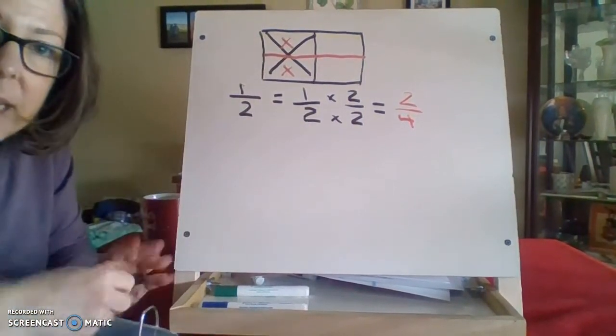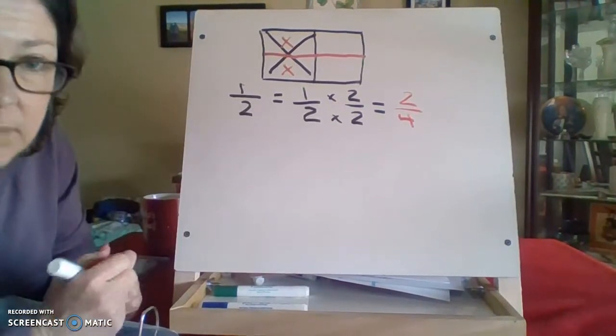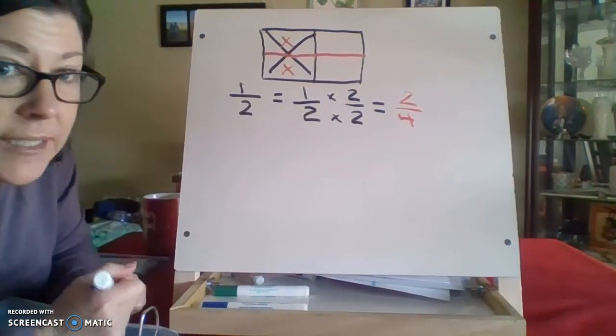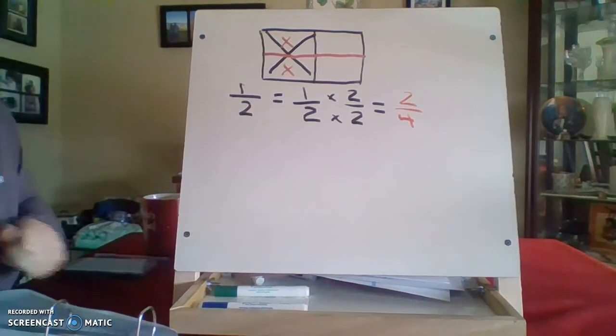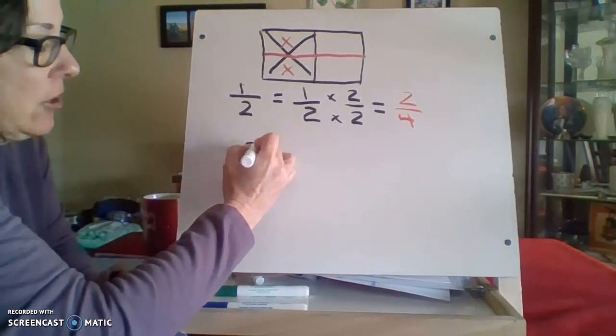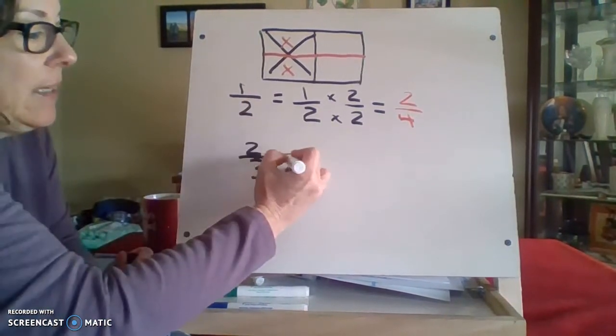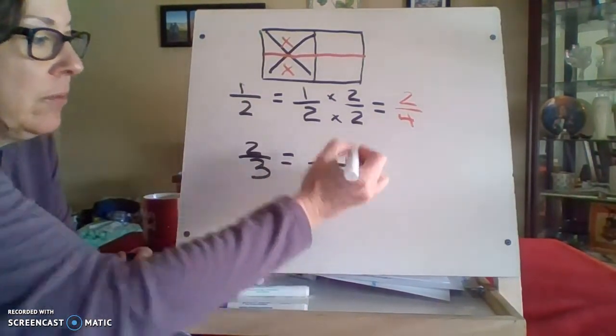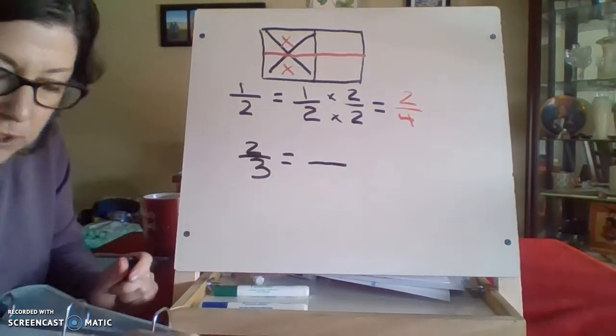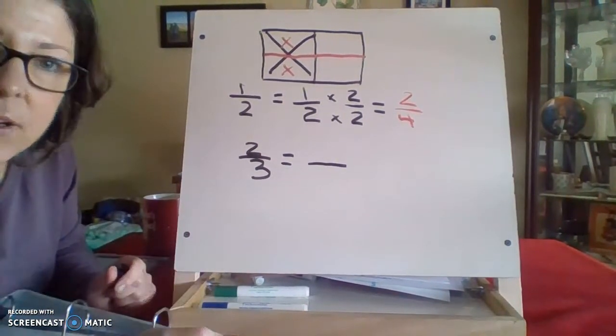I can write equivalent fractions either by multiplying or by dividing. So for example, if I decided to take the fraction 2/3, and I'm just going to write an equivalent fraction. Here's a few options.